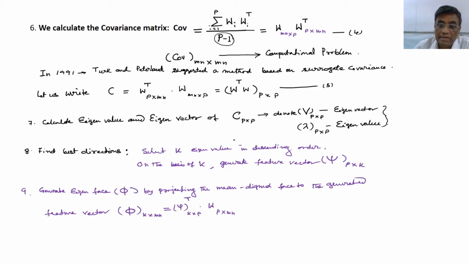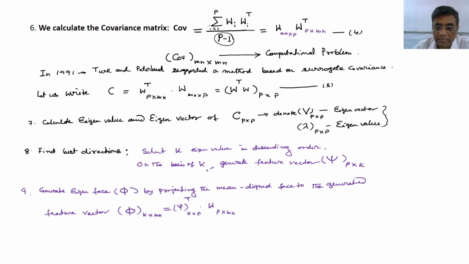Now suppose I decide that I have to select features. I will not take all P, so I select the top k eigenvalues in descending order.